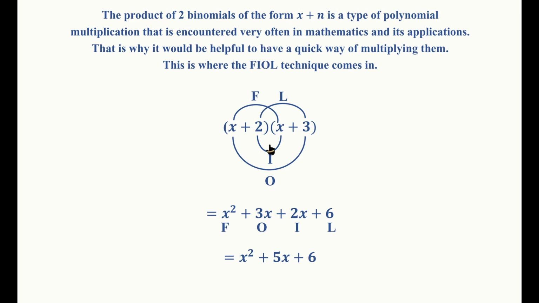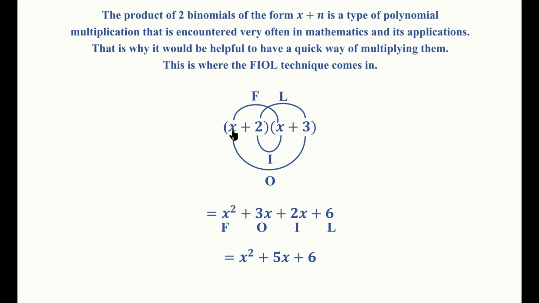So let's just say we want to multiply these two polynomials. So we know that we have to distribute the x, right? So we get x times x, and then x times 3, right? And then we distribute the 2. So 2 times x, and then 2 times 3.